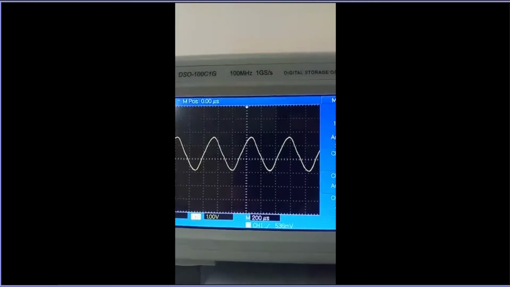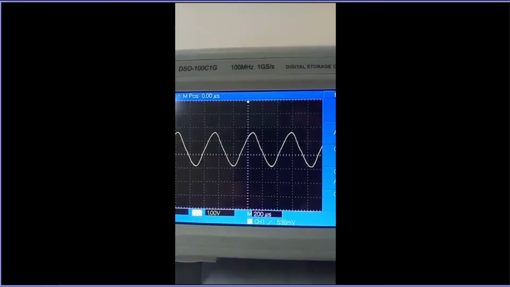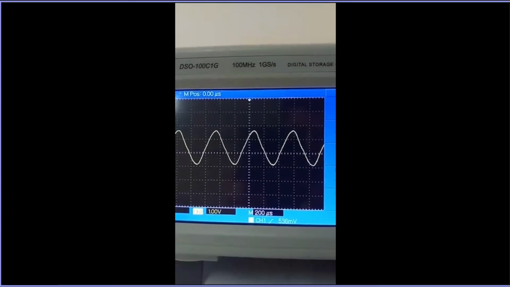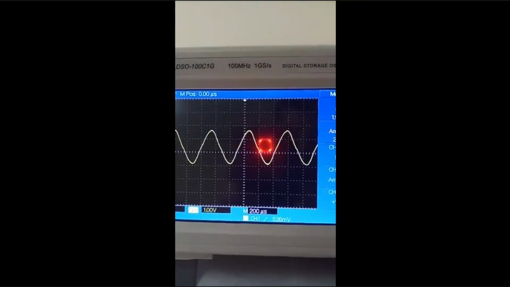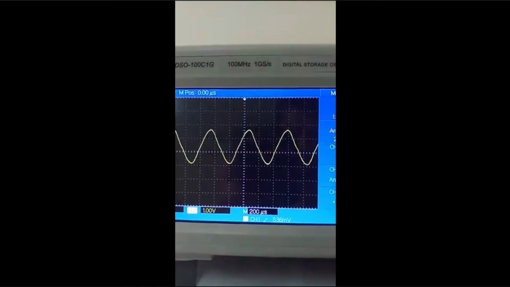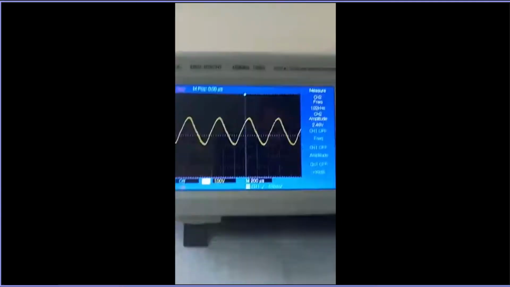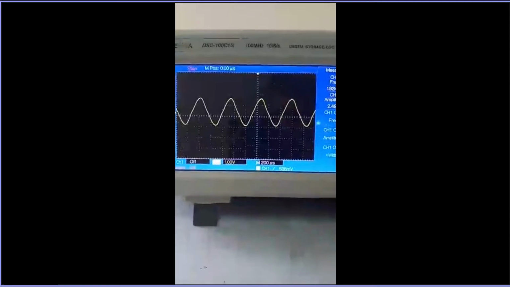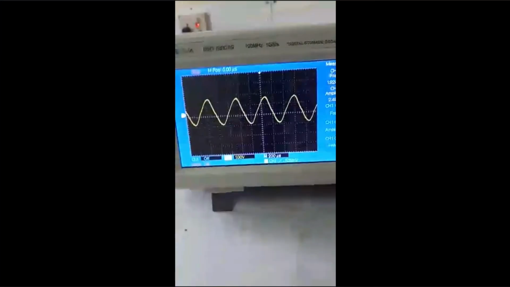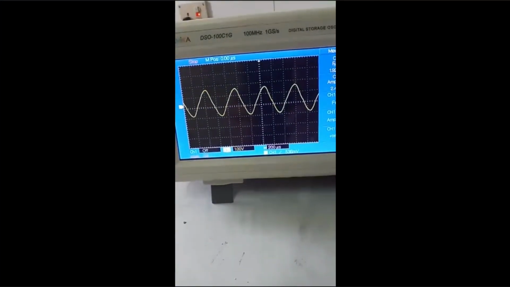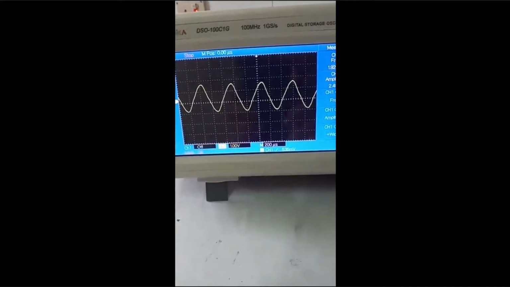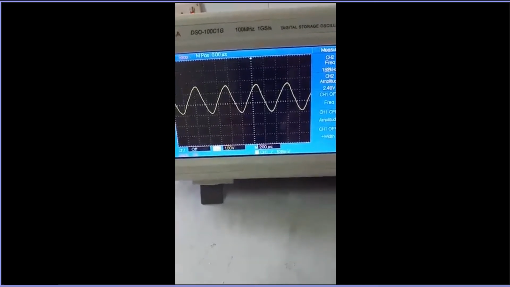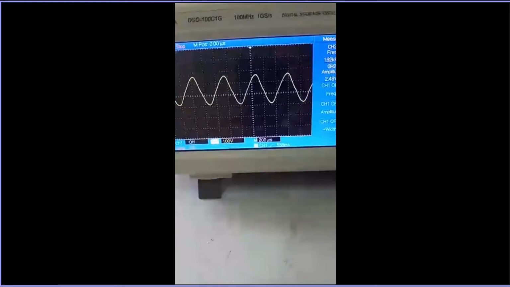Harshvardhan, is it visible? Yes, sir. Sir, a little bit of the right side readings once. Is it okay now? It is 1.92 kilohertz, 2.49 volt.